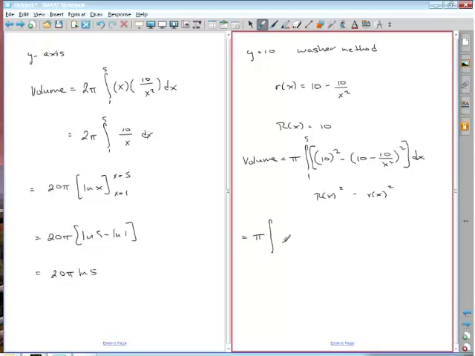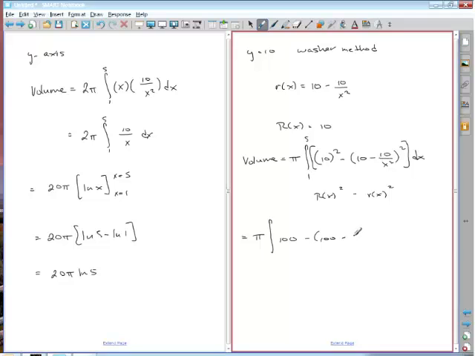So all we have to do is multiply stuff out. We'll get 100 from 10 squared. Then when we do this second part, 10 times 10 is 100. We have a negative sign, so it's going to be negative 100, and we have that twice.